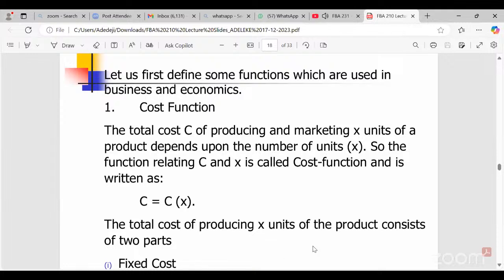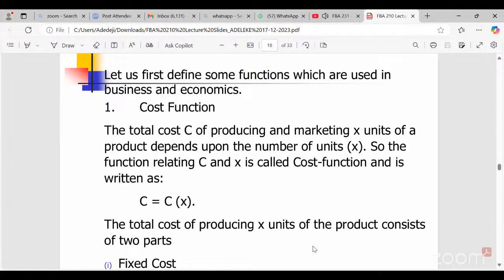So we all know that the total cost of production is made up of variable cost and fixed cost.